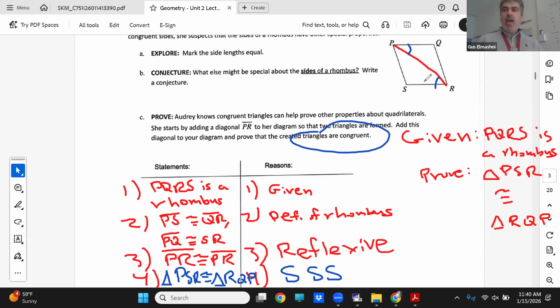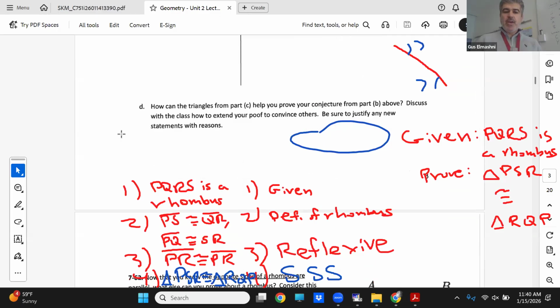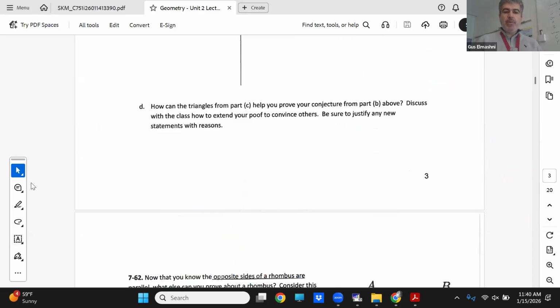CPCTC, right? And then, after you prove those angles are congruent, can you prove these sides are parallel? Yes. And for what reason? Alternate interior angles, right? So when part D says discuss with the class how to extend the proof to get more things from this, to prove other things, you could probably do a CPCTC for the angles.